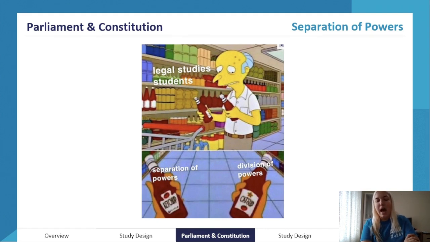Division: how powers are divided between Commonwealth and state level parliaments, hence division into those exclusive, residual, and concurrent. Separation: how we prevent corruption by separating all of the key lawmakers and ensuring that there's no overlap of roles. So a member of parliament cannot be a judge and so on.